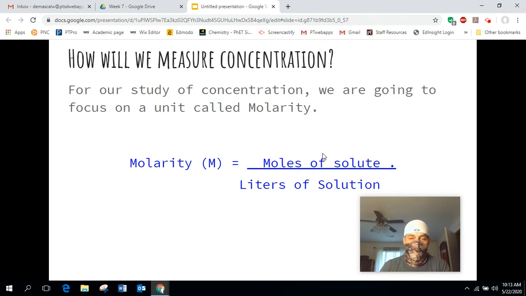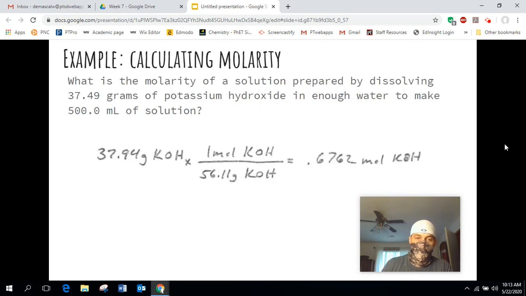Take your volume in whatever unit it's given, cubic centimeters, milliliters, liters. Make sure that it's in liters. It has to be moles of solute over liters of solution. Plug those in, and then that'll give you the strength, the molarity, the concentration.